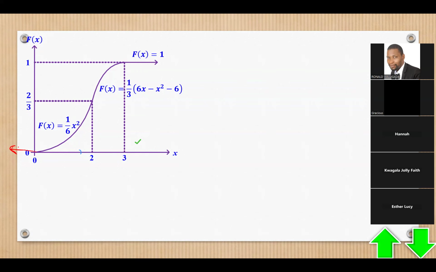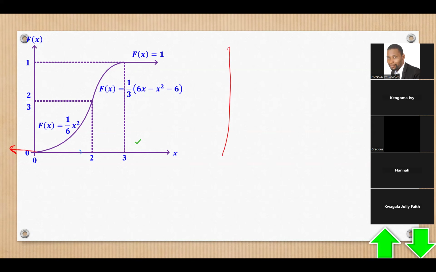If there's a question you can ask. Teacher Ronald, is it a must for us to label the curves, the way I've done here, f(x) equals? Very much a must. Do you see this curve? However correct it is, if you don't label, you may put all these, but if you don't label, no mark.